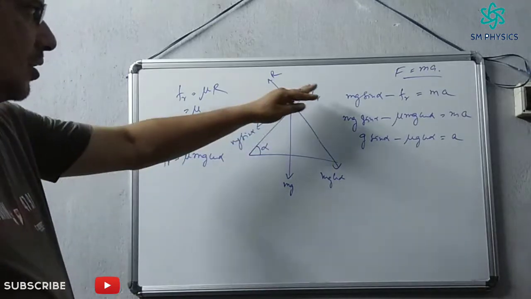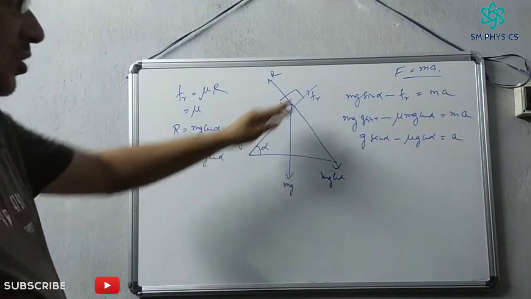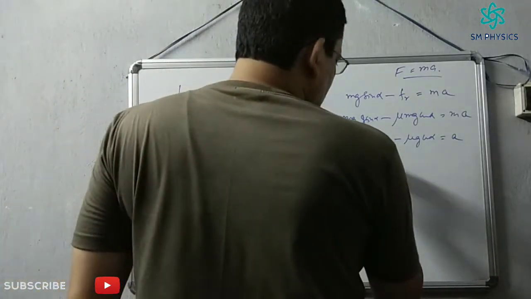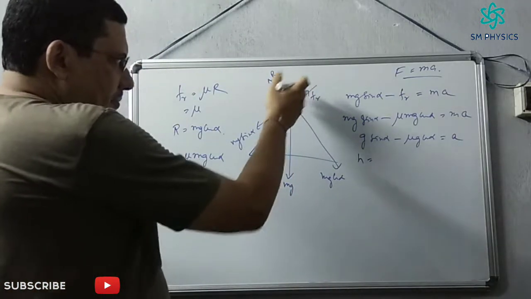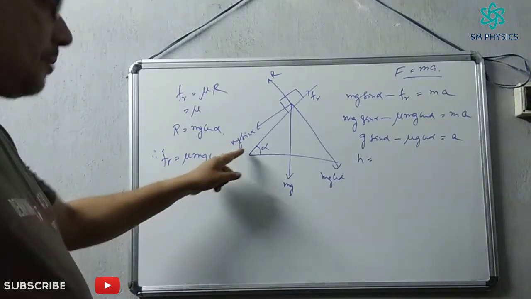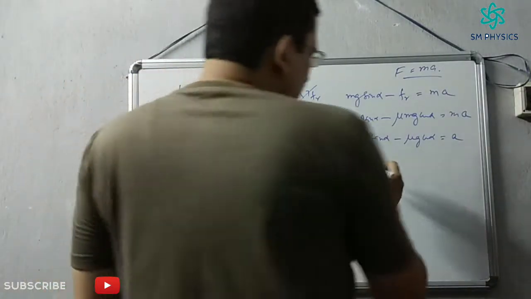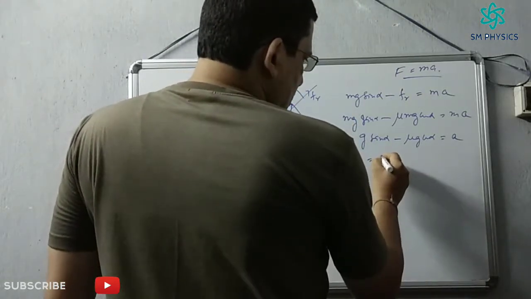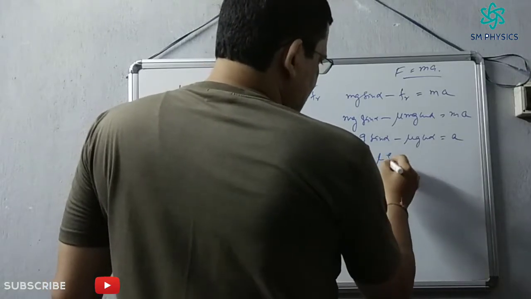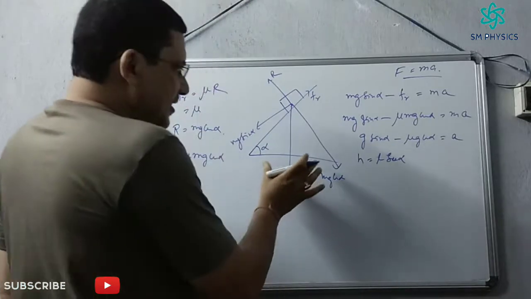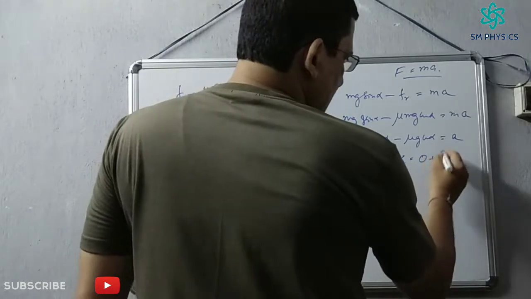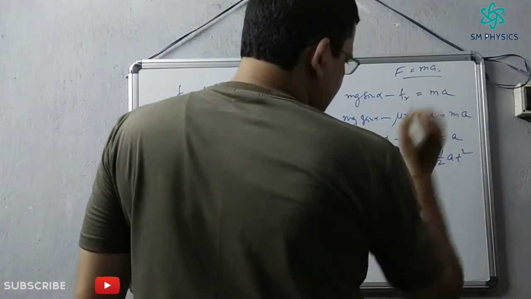Now the body moves this distance, so let this distance be h. Suppose the body takes time t to reach the end position. The formula is: h is L sec alpha, because L is given, and this equals 0 plus half a t square.